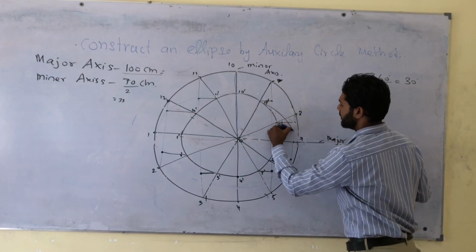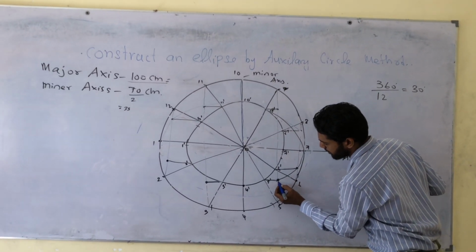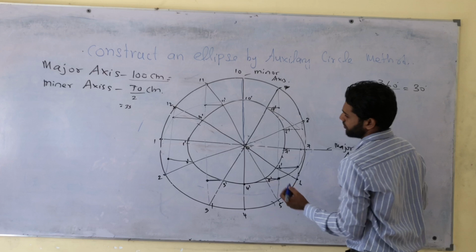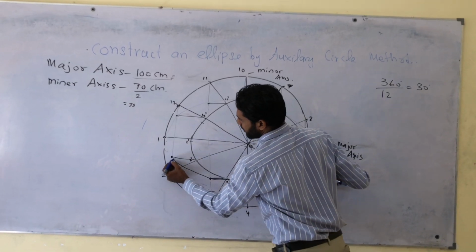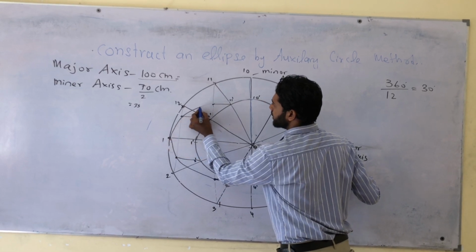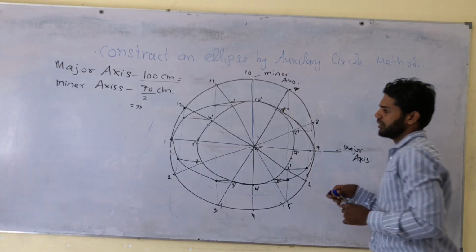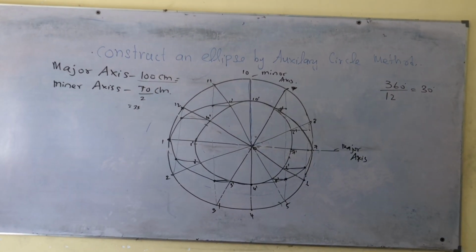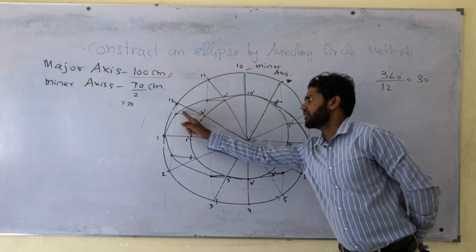Right? It will come like this. If you connect this, right? Like this. It will come like this. So finally, this is the ellipse. This is the ellipse.